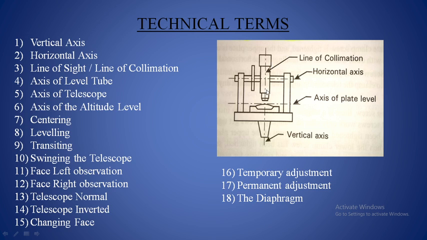If the telescope is inverted, that is, the vertical circle comes to the right side of the observer, then that set of readings is called telescope inverted readings.